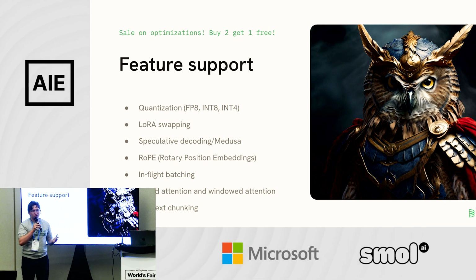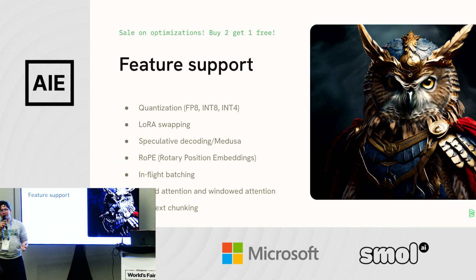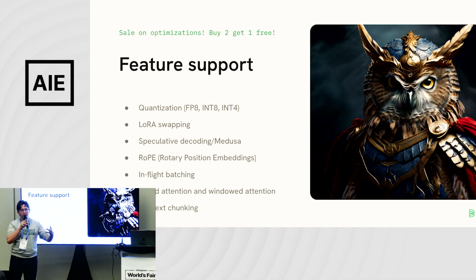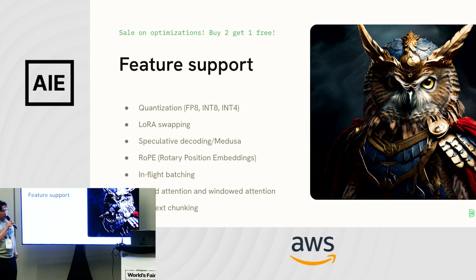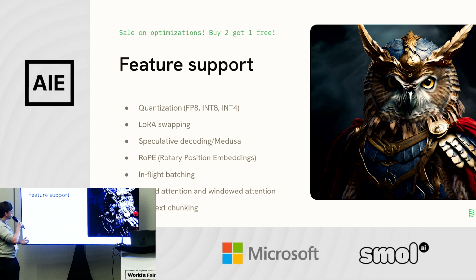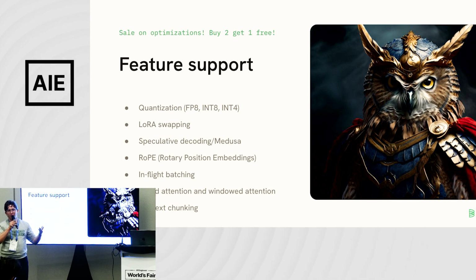The other thing to talk about is, like I said, TensorRT-LLM is a set of optimizations that you can build into your TensorRT engines. Some of the features supported, and each one of these could be its own talk, are quantization, LoRA swapping, speculative decoding, and Medusa heads, where you fine-tune additional heads onto your model, and then at each forward pass you're generating like 4 tokens instead of 1.